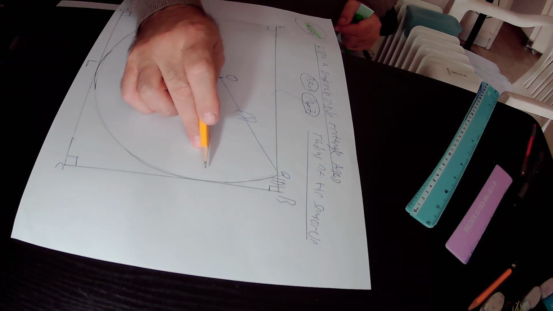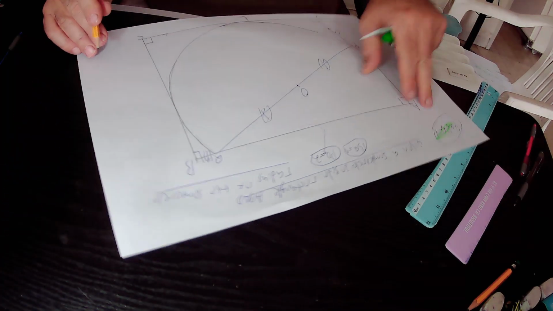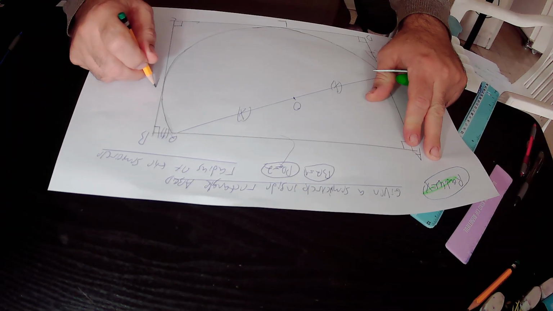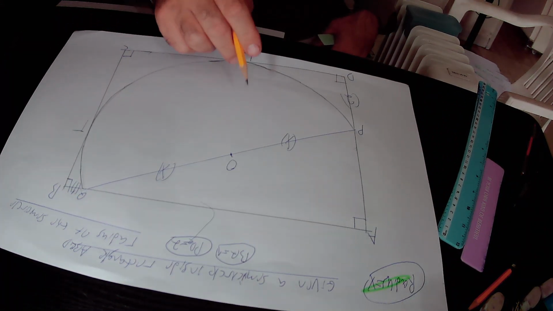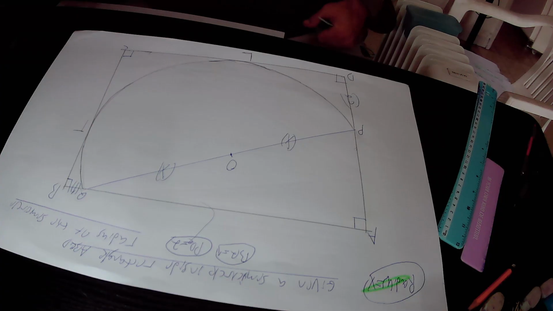This point is point T. And we will join points O and L together by a straight line.